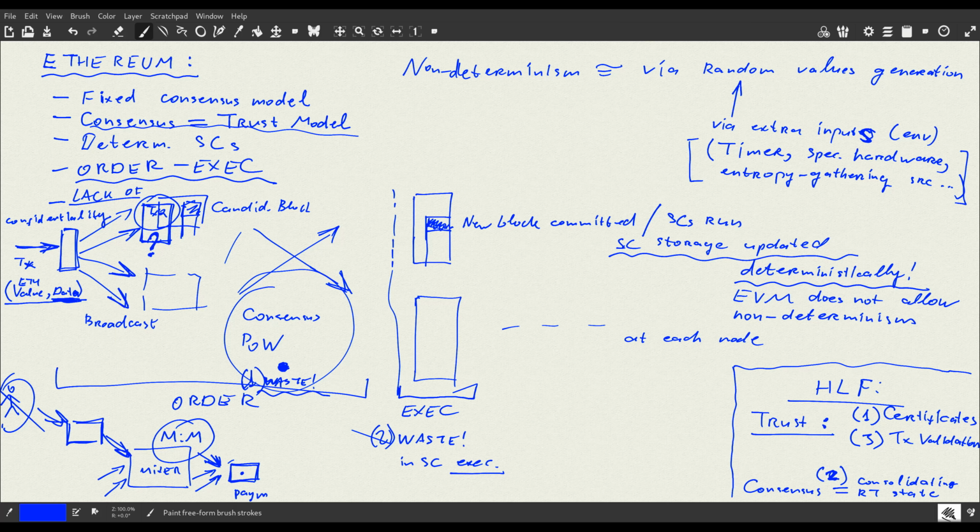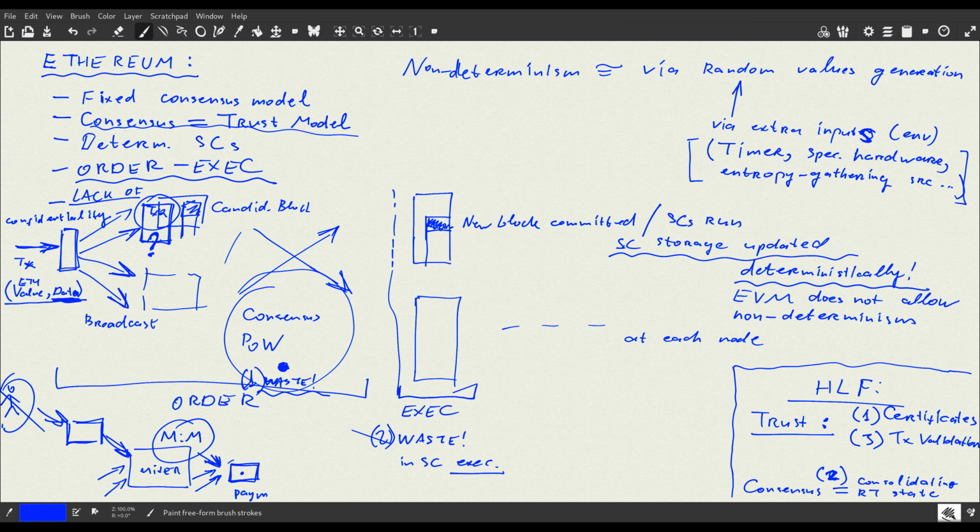Whereas in an enterprise type of setup, we may want confidentiality, and for that reason we probably want our smart contracts to be executed not by all nodes. We may want them to be executed only by a subset of nodes which are, for example, authorized to do so or to see the result of smart contract running.